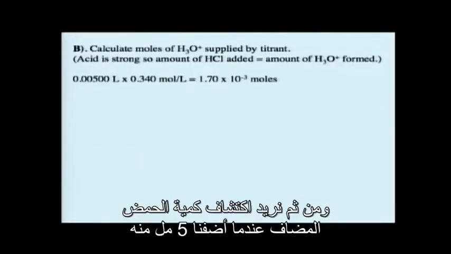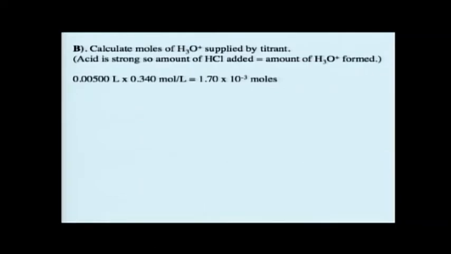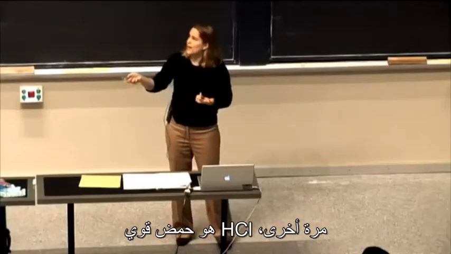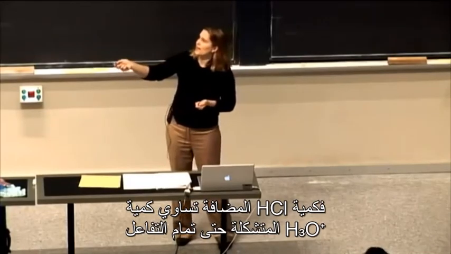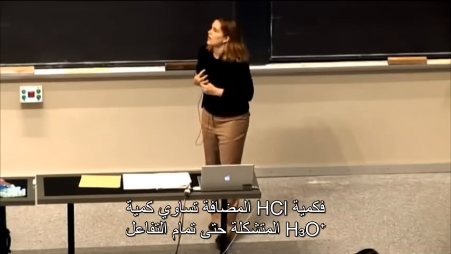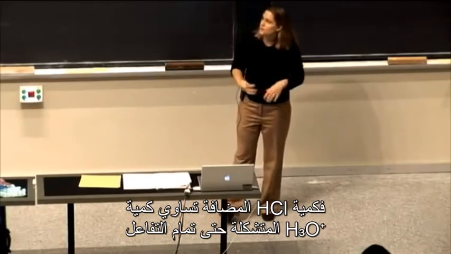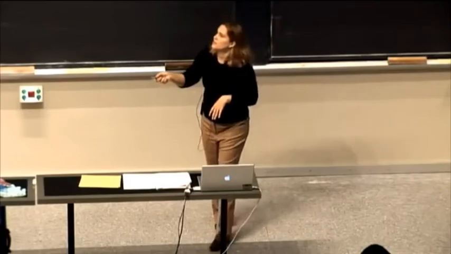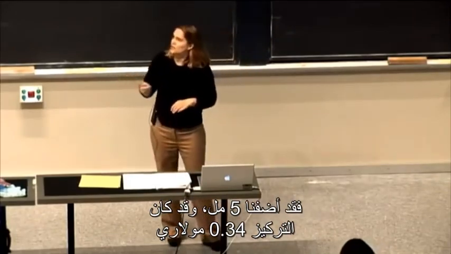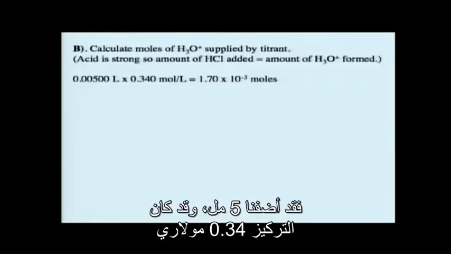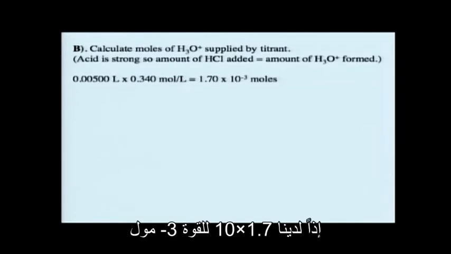So then we want to figure out the amount of acid added when you are adding 5 mils of it. So again, HCl is a strong acid, so the amount of HCl added equals the amount of H3O plus that's formed, goes to completion. And so we added 5 mils. The concentration was 0.34 molar, so we have 1.7 times 10 to the minus 3 moles.